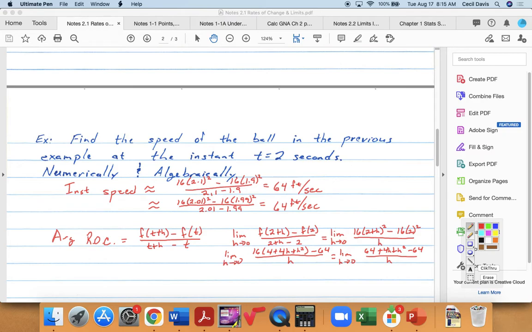What can I do to simplify the numerator? Get rid of 64. Exactly. Get rid of the 64. You're like, well, I'm not sure that that's all that helpful, but so this would be 4h. Oh, sorry, I didn't distribute the 16 there. My fault. This should be 64h because it's 16 times 4, and this should be 16h squared.